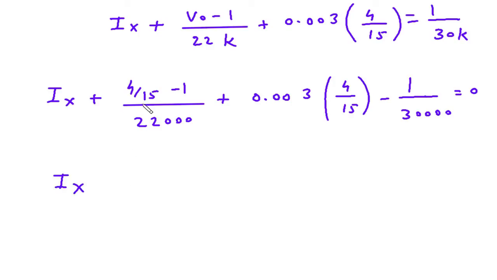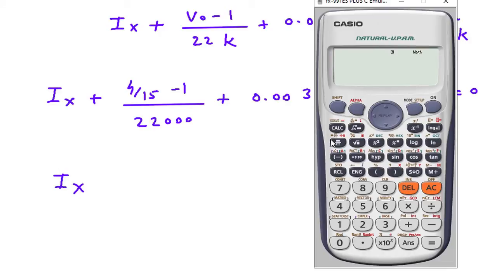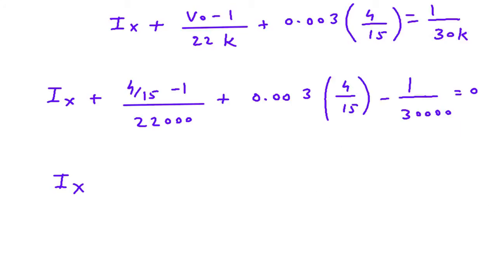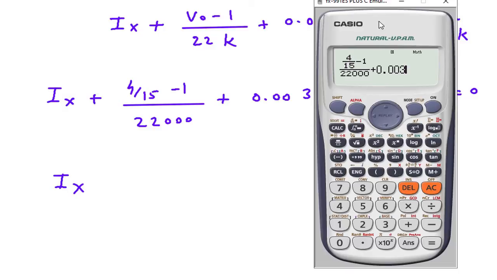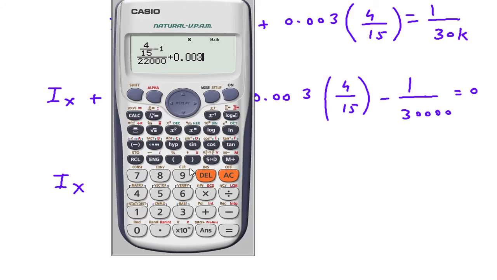So Ix, this will be 4 by 15 minus 1 divided by 22,000 plus 0.003 into 4 by 15 minus 1 by 30,000.